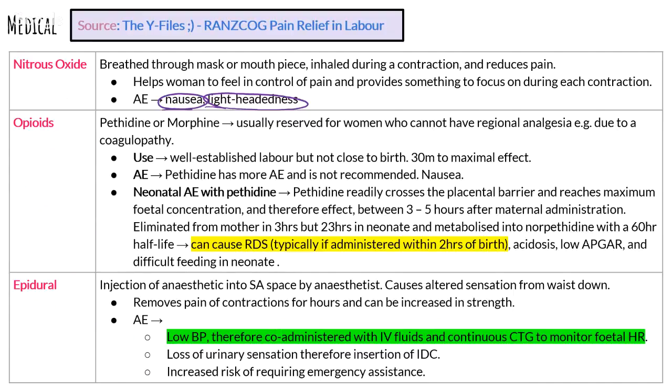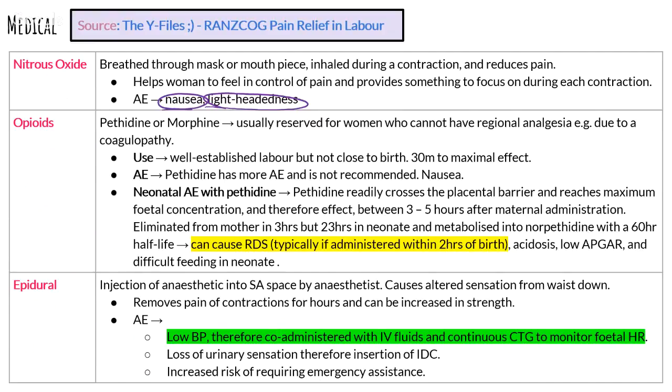But these days, we've actually found that it's worse. The reason for that is in the mother, pethidine will be metabolized and removed, maybe the half-life is somewhere around 2 to 3 hours. But in the baby, it crosses the placenta and it stays there for up to 23 hours rather than 3 hours. And it takes much longer for it to be lost.